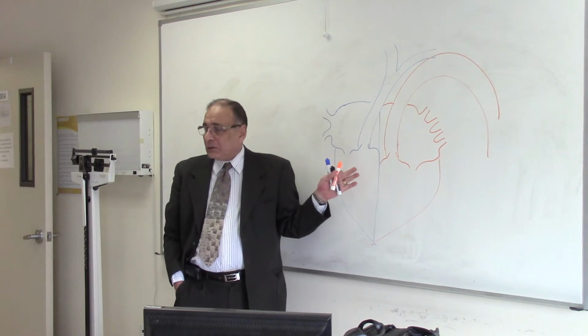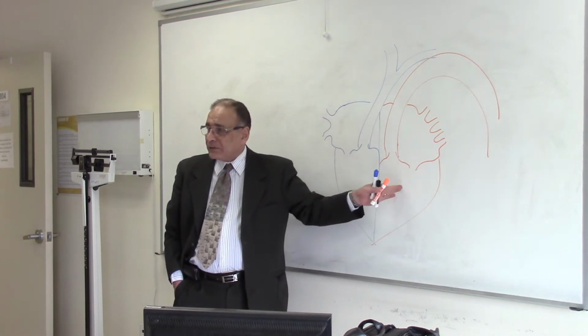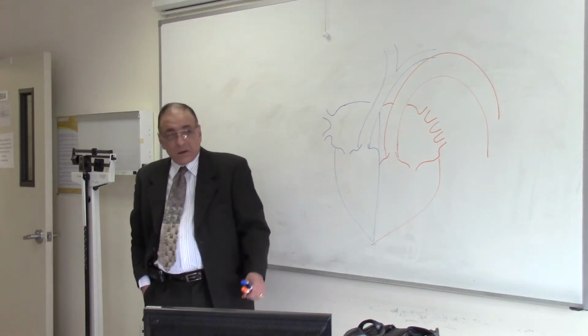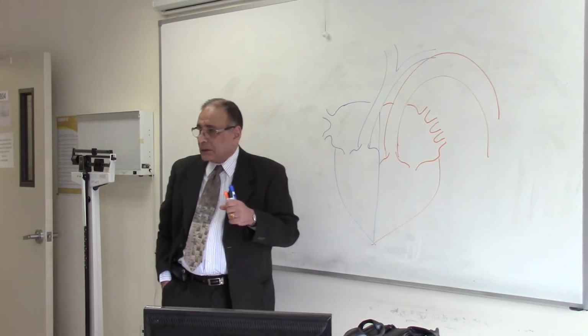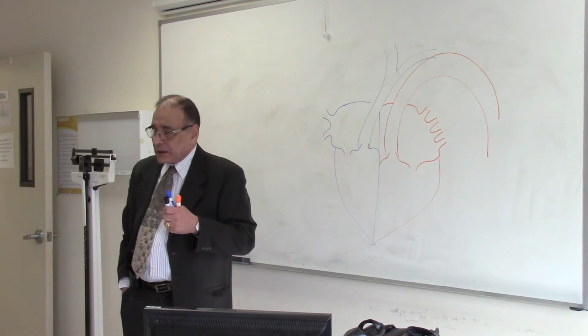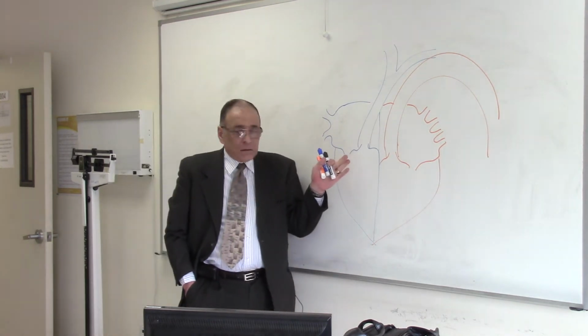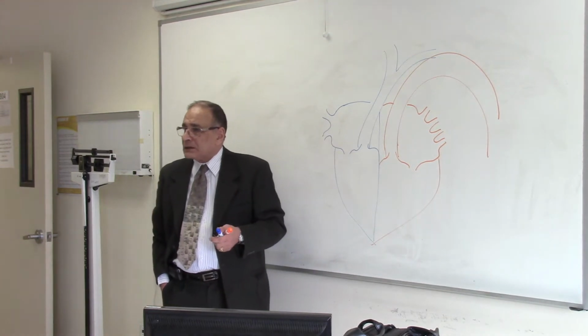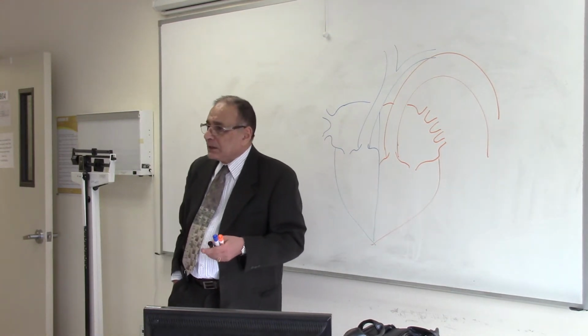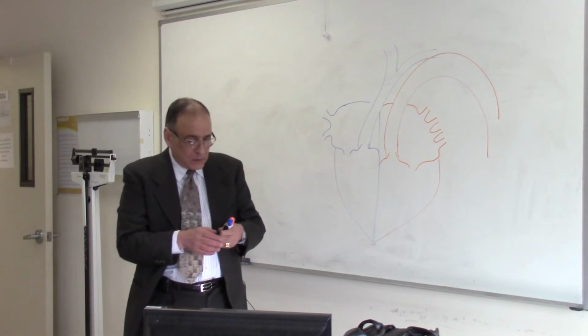Talking about the heart, we're talking about the right side of the heart and left side of the heart. The right side of the heart has a different color here on the diagram, not in real life, just in the diagram. It takes the blue color here because it deals with deoxygenated blood.